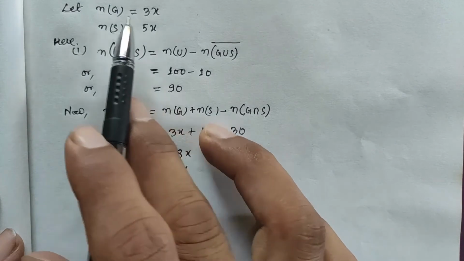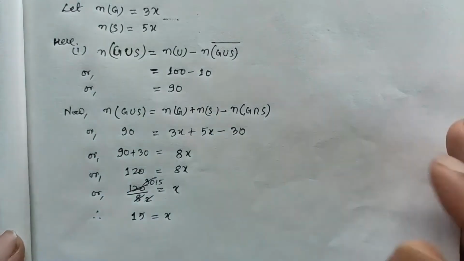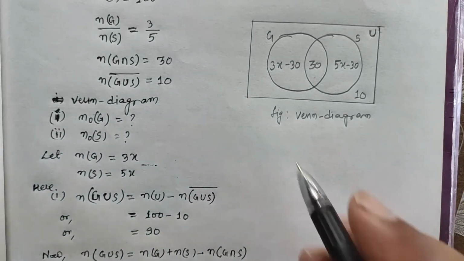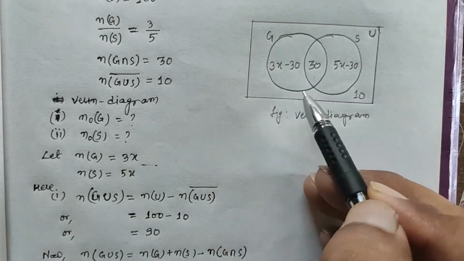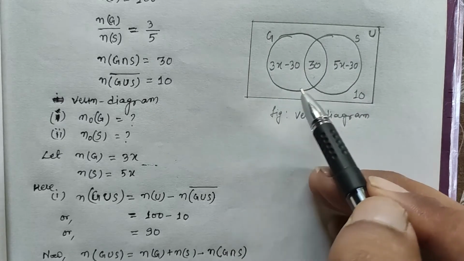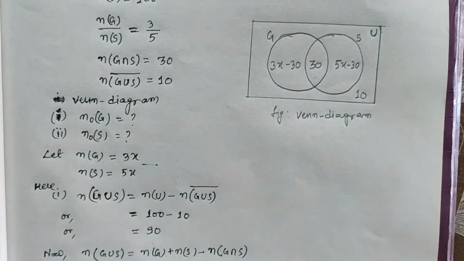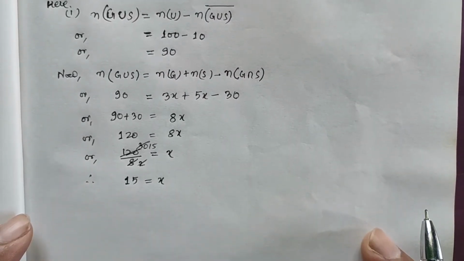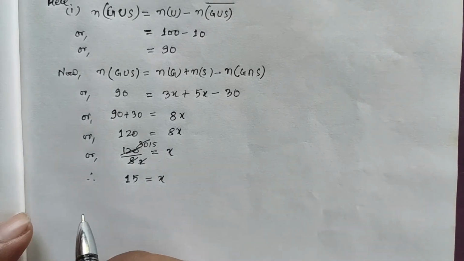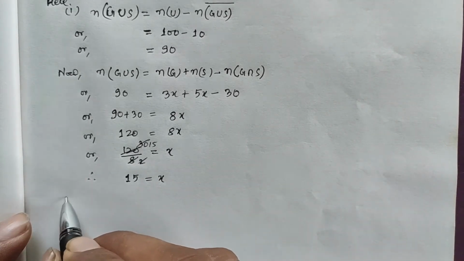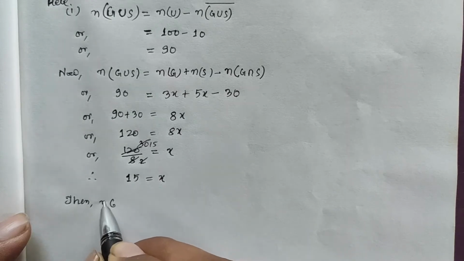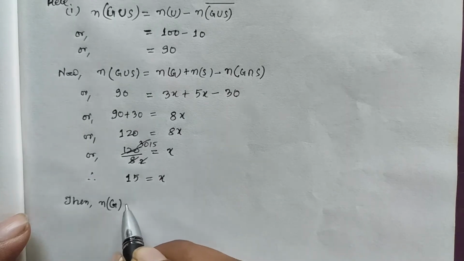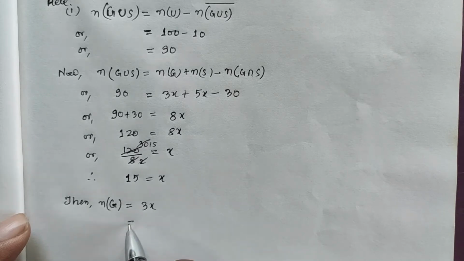See on the Venn diagram, n(G) is this one. This circle represents the set of students who like geography. So we have to find n(G) first, then only we get n only g. n(G) equals 3x. We have found x, which is 15. 3 times 15 is 45.